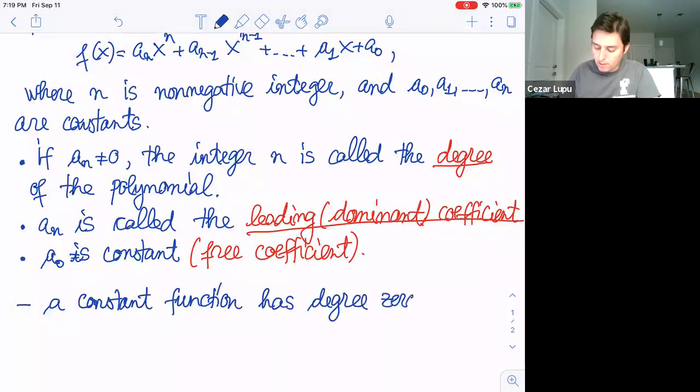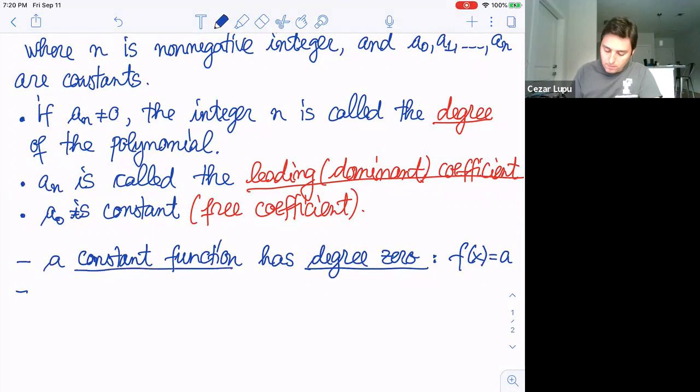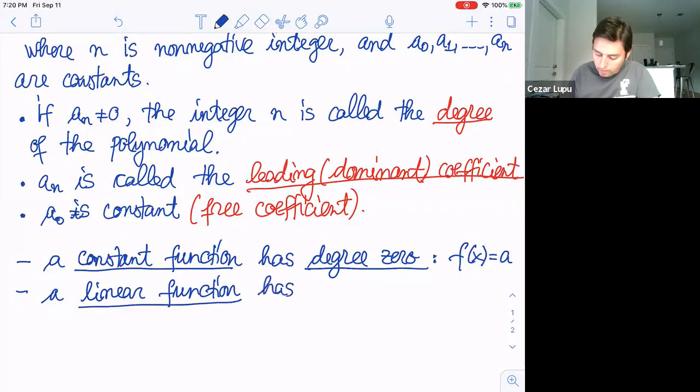As you can imagine, this is f of x equals a, where a is just a constant. A linear function has degree 1.